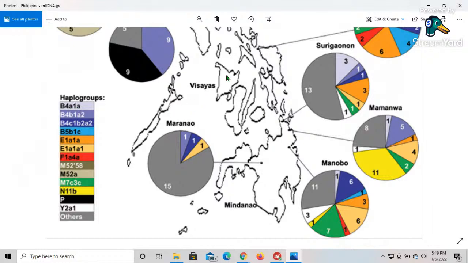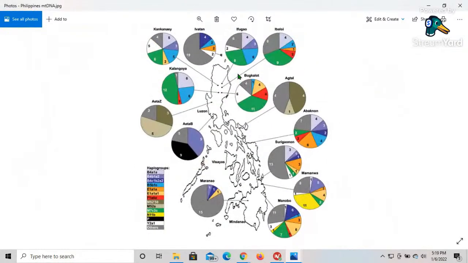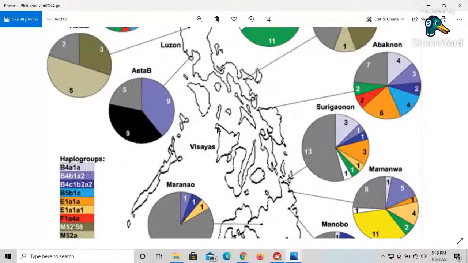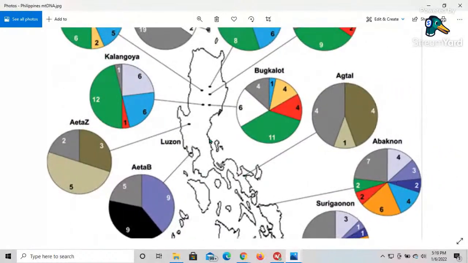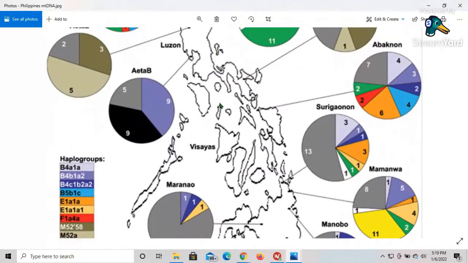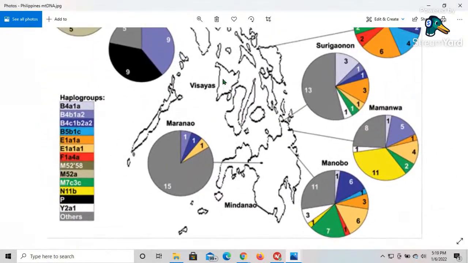But this line that came to the Philippines, if it's true that the Israelites went to the Philippines, which some people insist, there's no remaining Y chromosome, but there is the Middle Eastern Semitic mitochondrial DNA here, the B, the F, and the P in the Philippines.